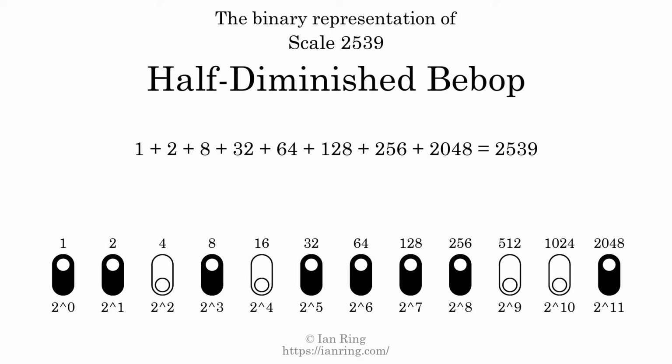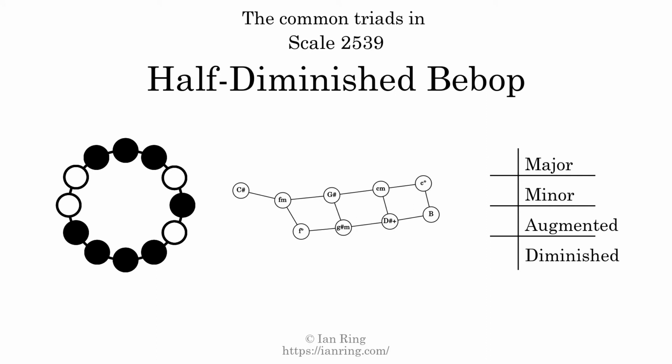That is why the scale number, in decimal, is 2539. The scale number not only enumerates the scale with a unique index, but it also literally describes the tonal content of the scale. Represented as a binary number in base 2, the scale number is 1001111101011.